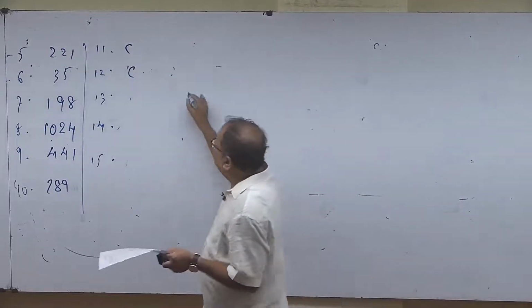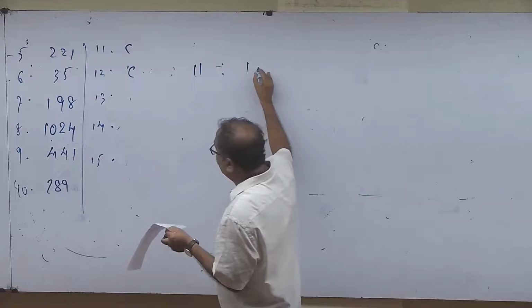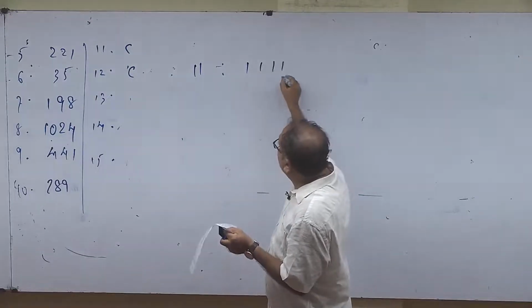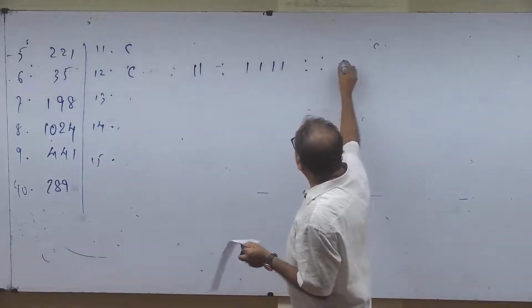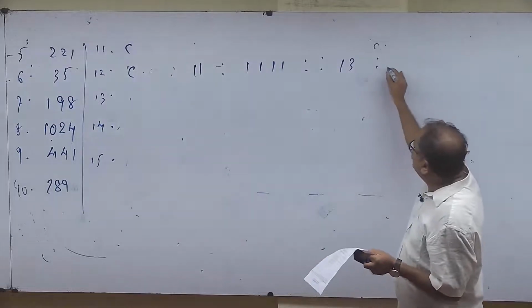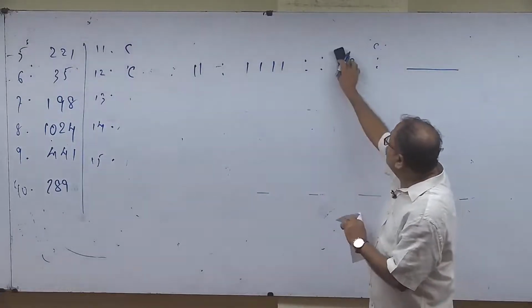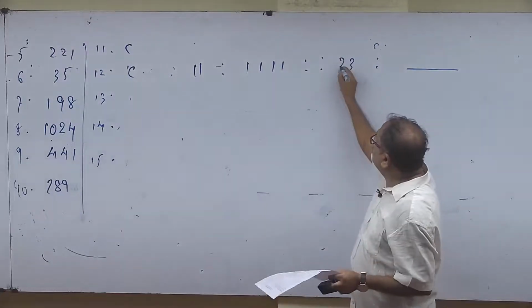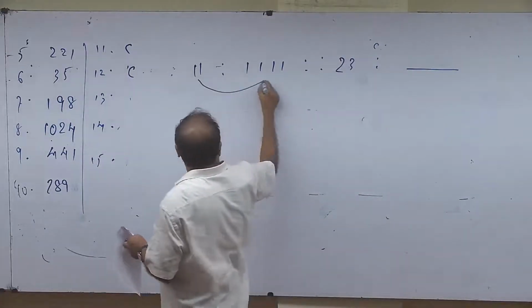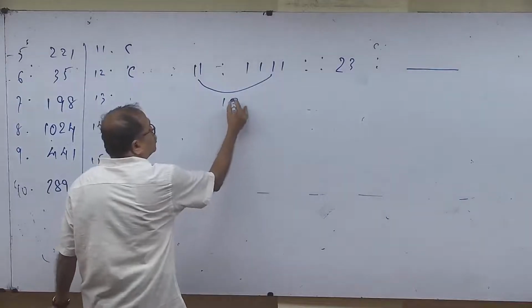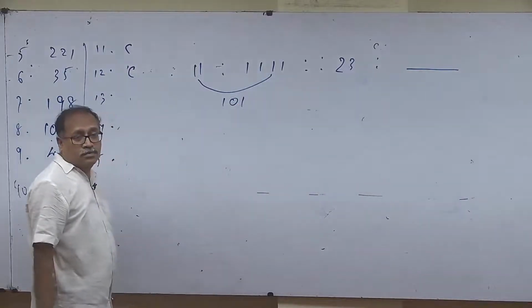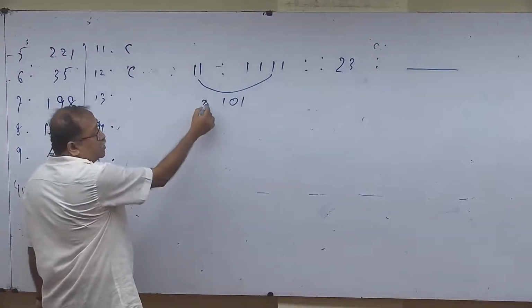23, 23, 11, 1, 1, 1, 1, and then comes 13, and then 23, 23, okay, I will correct it. This is 23. So, from year to year into 101, look at this part.